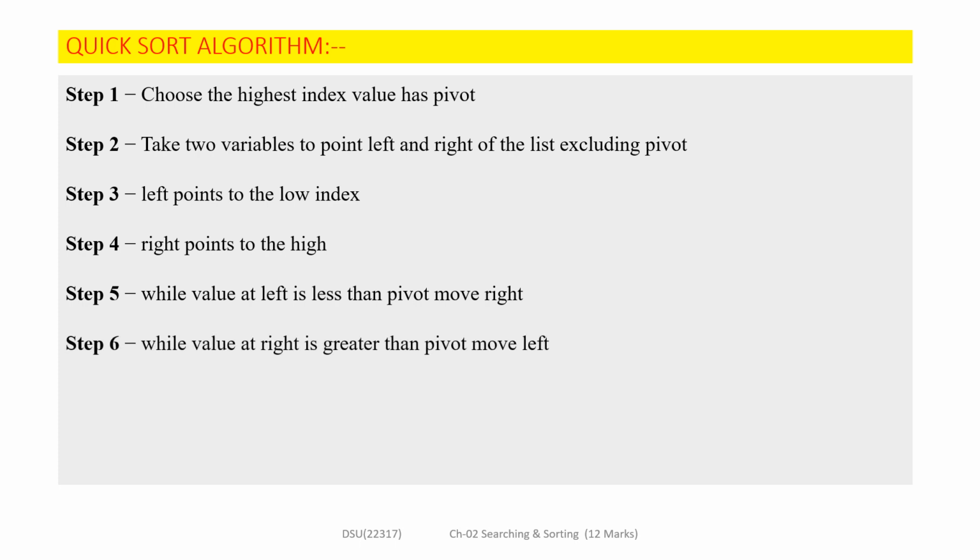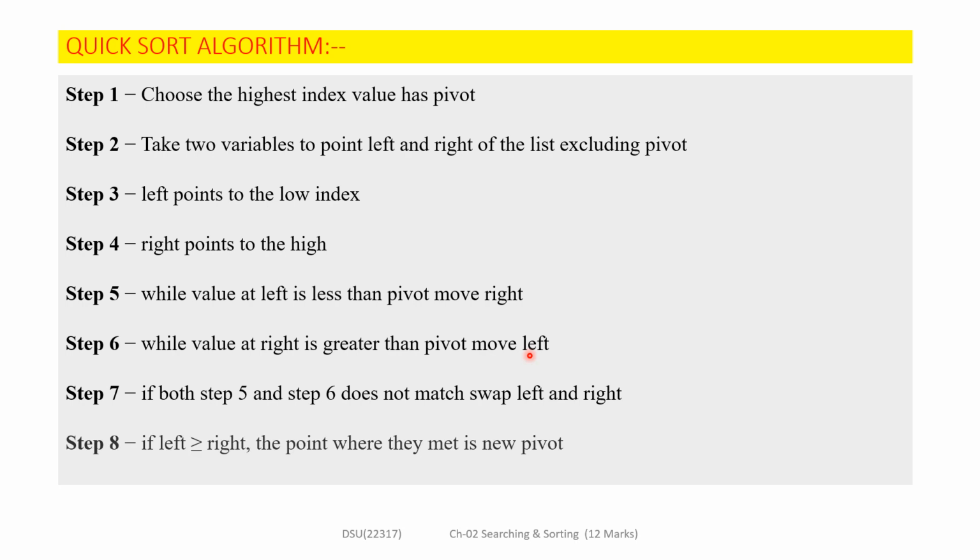While the value at right is greater than the pivot, move left. If step 5 and step 6 do not match, then swap left and right. If left is greater than or equal to right, the point where they met is the new pivot. This is the algorithm for quick sort.